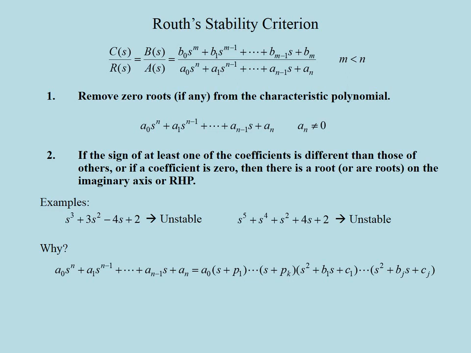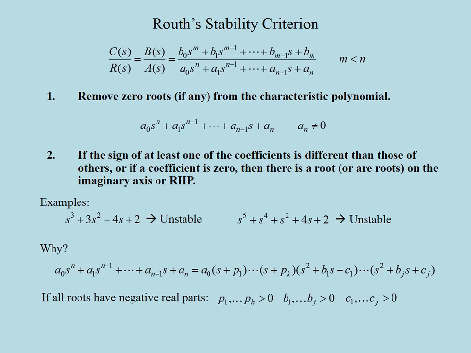to real roots and the second order factors correspond to complex conjugate roots. If the real roots are negative, that means P1 to Pk are positive. On the other hand, C coefficients are sums of the squares of the real and imaginary parts of each root, so they must be positive as well.